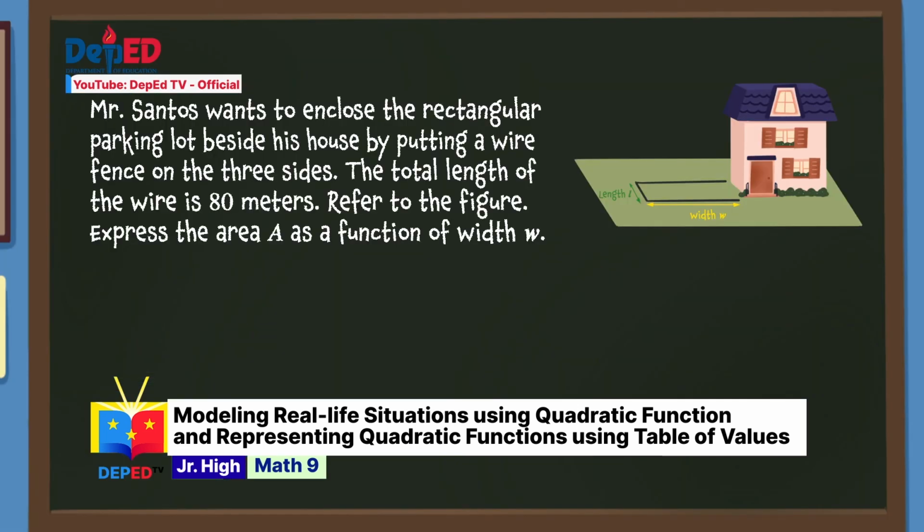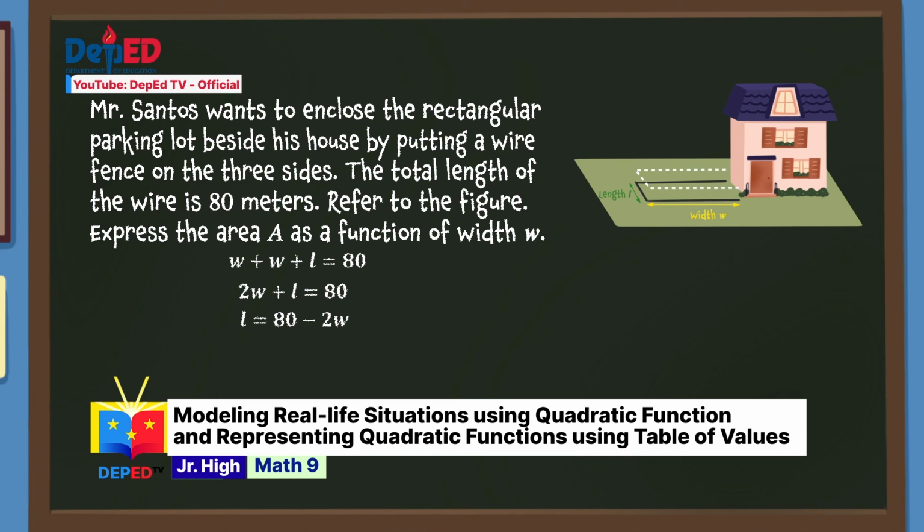Let the width of the parking lot be W and the length be L. Hence, 2W plus L is equal to 80. Expressing L in terms of W, L is equal to 80 minus 2W.